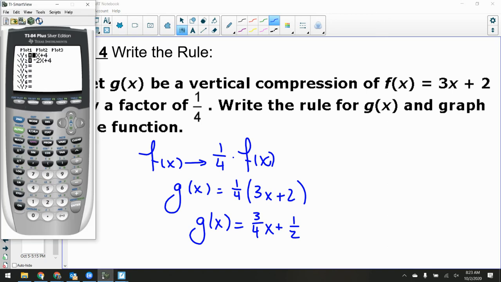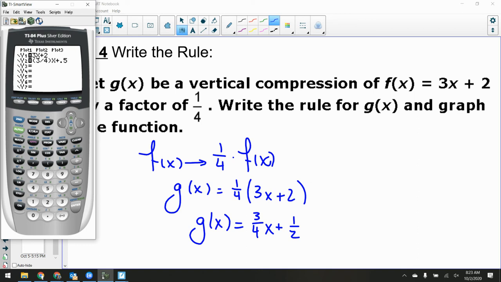My original y was 3x plus 2. And then the new is 3/4 x plus, I'll say 0.5. Okay, again, visualize. What should I see?